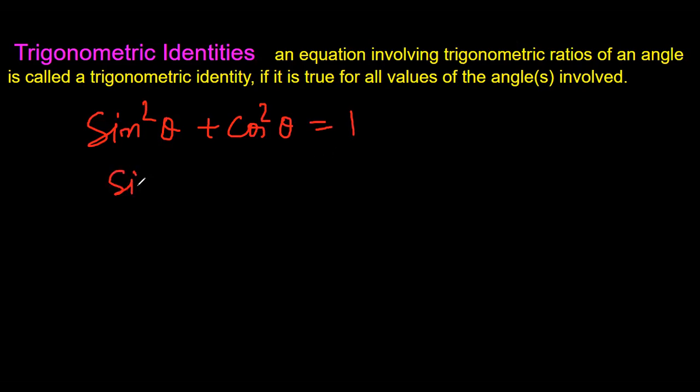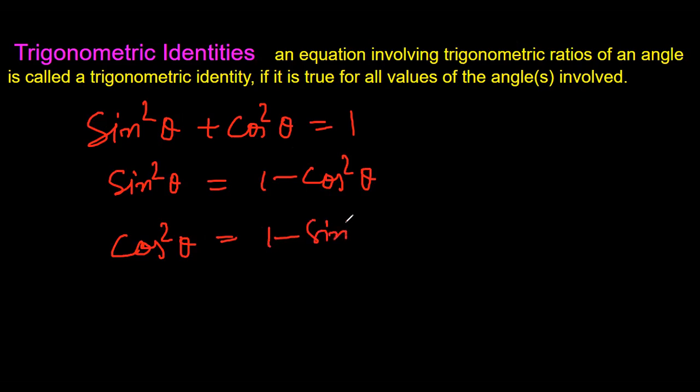We can write sin square theta is equal to 1 minus cos square theta. We can also write cos square theta. We can take the sin square theta to the right hand side, so cos square theta is equal to 1 minus sin square theta.